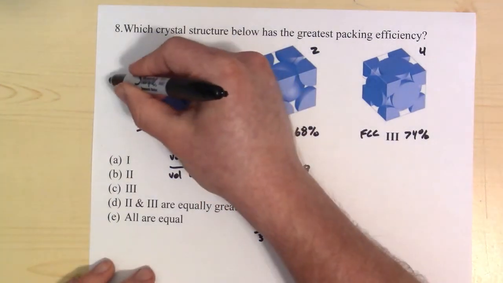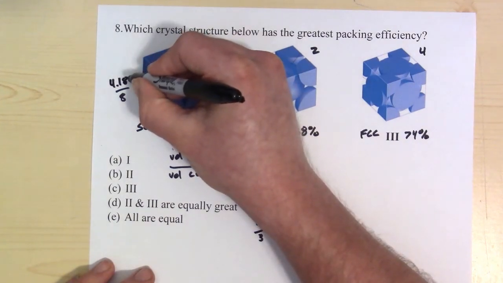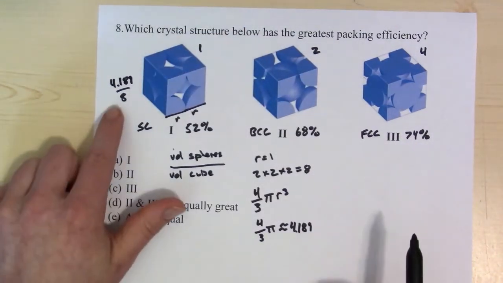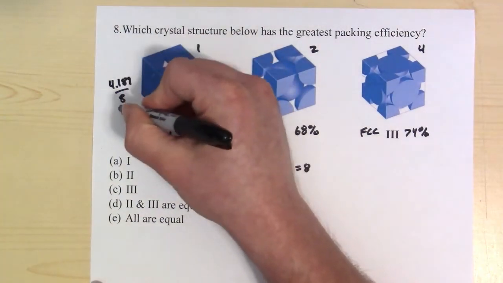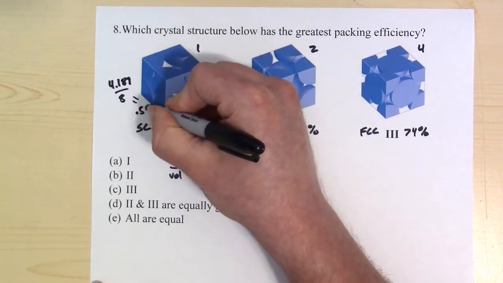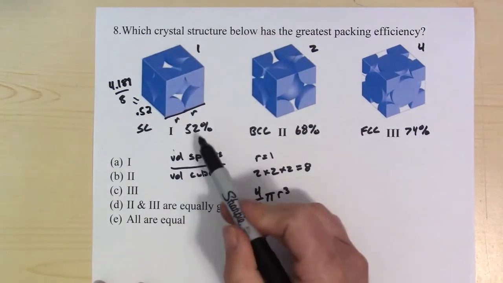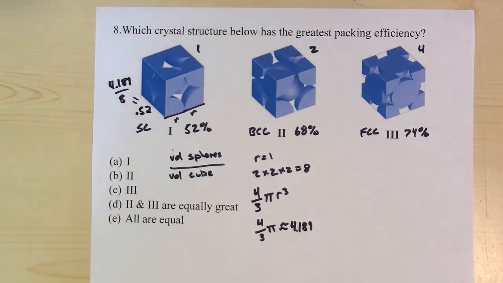So if we take that as our numerator, we have 4.189 divided by 8. That is going to equal approximately 0.52 or 52%.